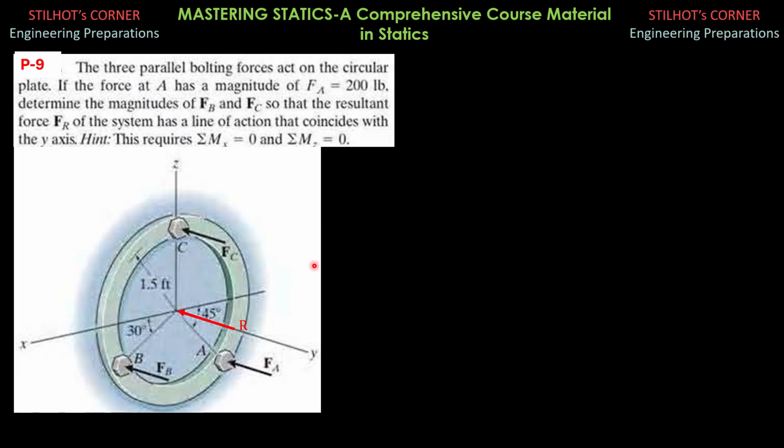So meaning summation of moment about x-axis equals 0 because the resultant acts on the y-axis. In fact, it acts also on the z-axis.